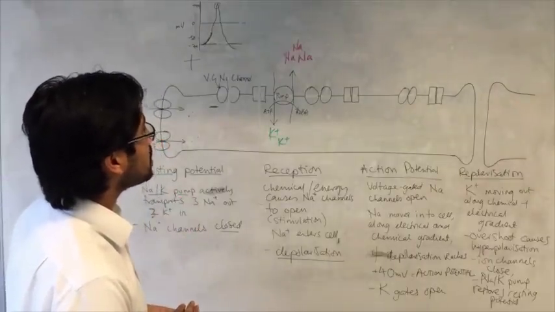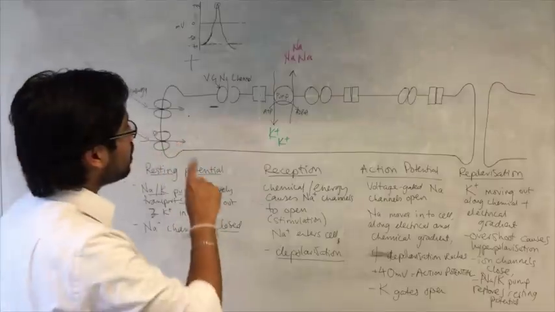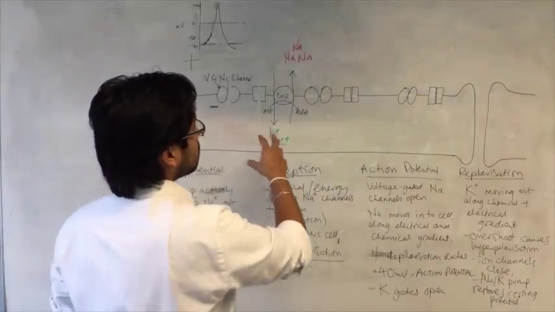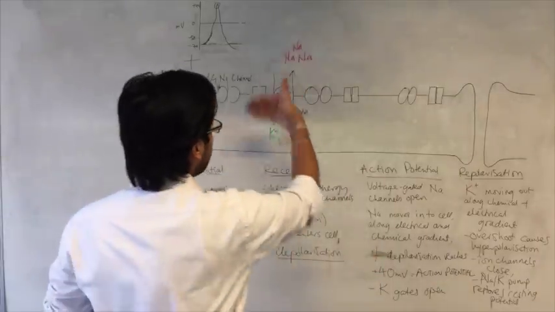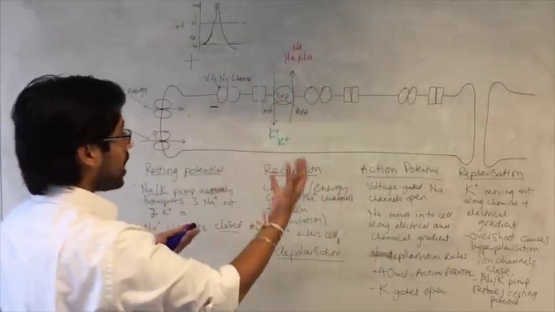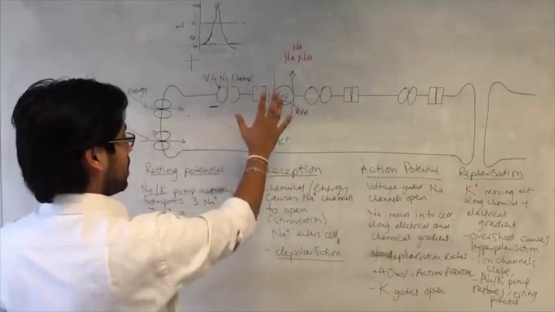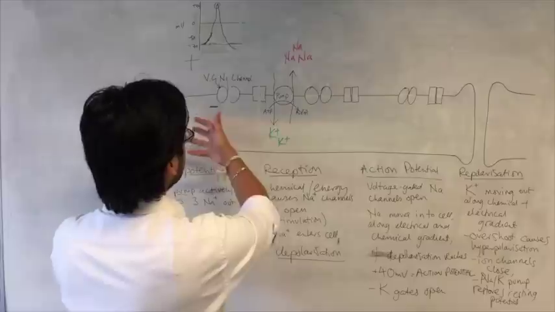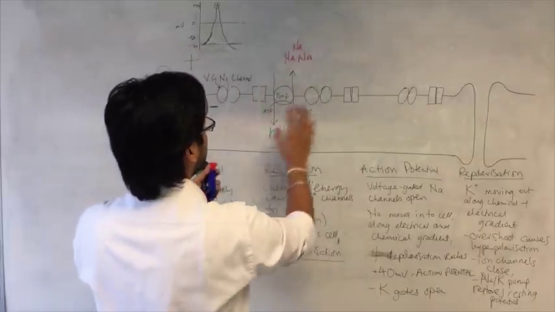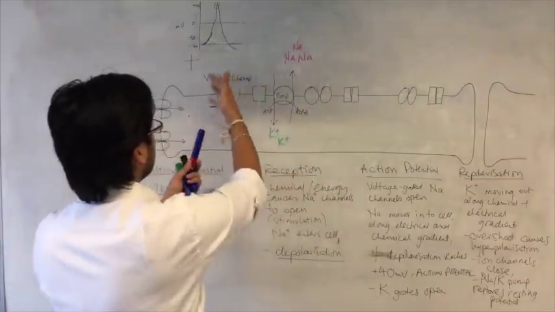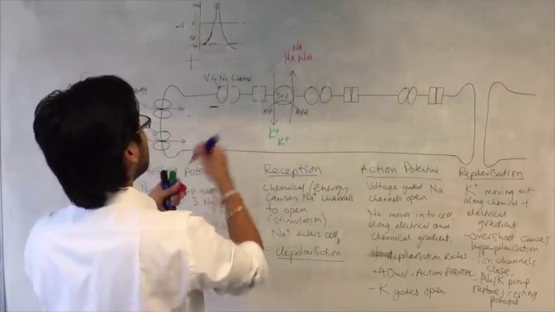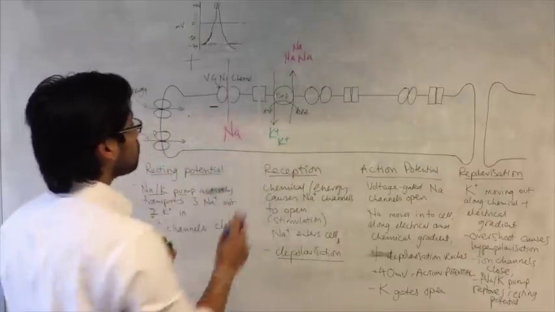That's the action potential. Look, how does it move along the neuron? Well, let's just start again. Resting potential, fine. We get reception, sodium comes in, so we've opened the voltage-gated sodium channel, for example, and we get lots of sodium coming in.